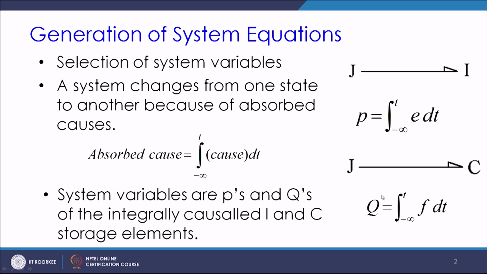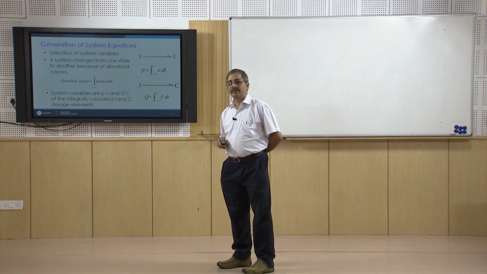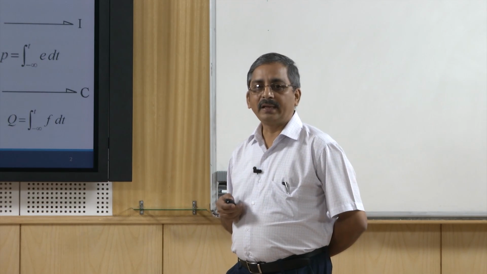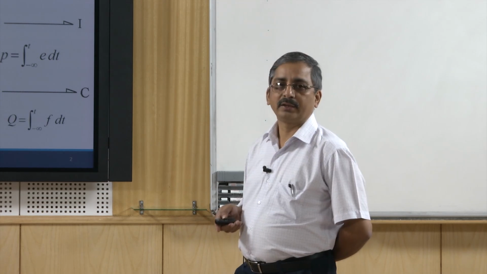The system variables are P's and Q's, that is, momentum and displacements, of course if I am talking about a mechanical system. So, the system variables are the P's and Q's of the integrally caused I and C storage elements. Whatever system equations are developed during bond graph modeling will be in terms of the P's and Q's.